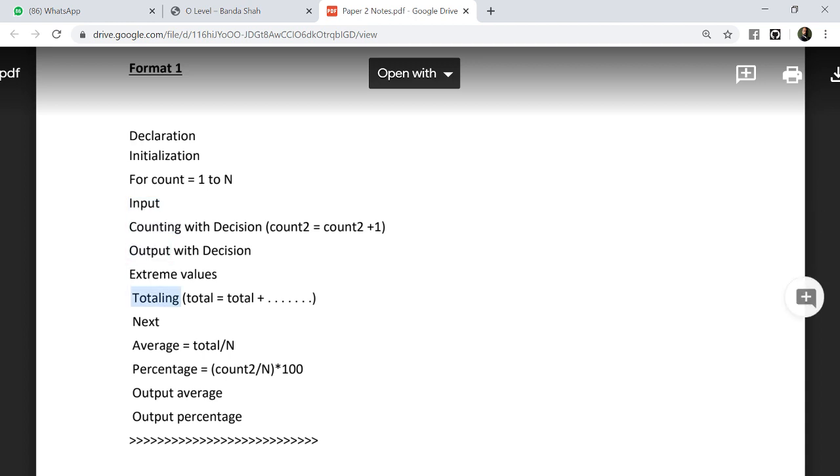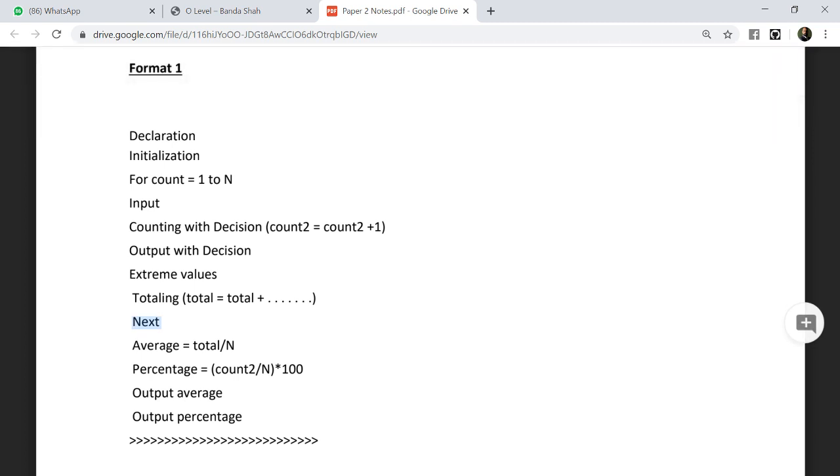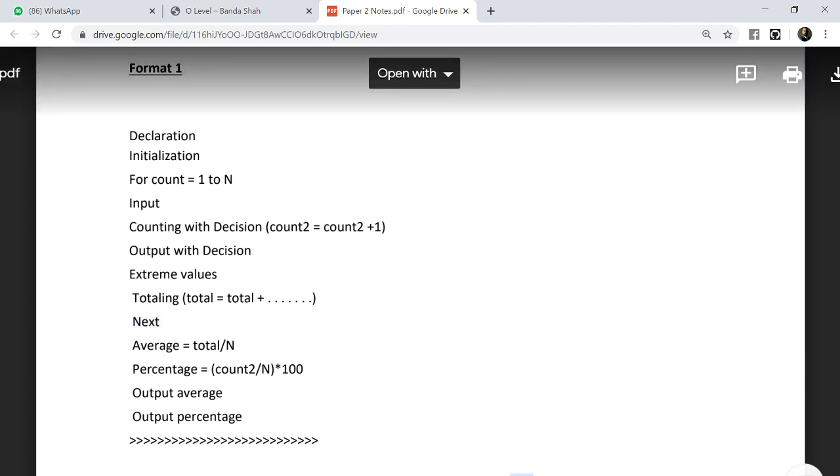All the instructions in between for and next will be iterated, looped, run again and again 500 times for this question.